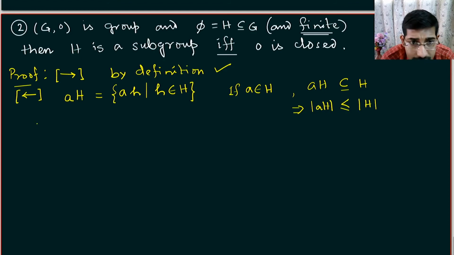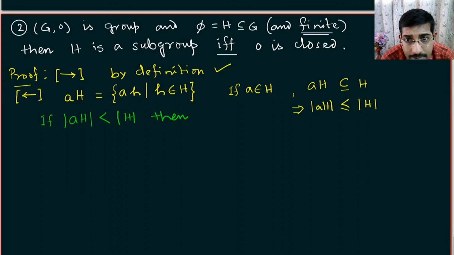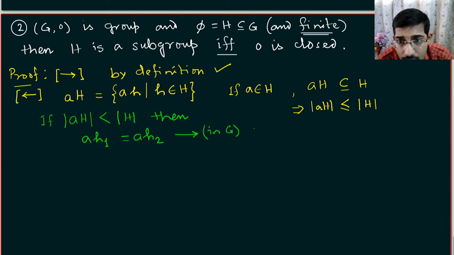If it is less, my claim is that if aH has fewer elements than H, then for two different h1 and h2 I will land up in this situation. But all these elements are in G, so the left cancellation law will give you h1 equal to h2.